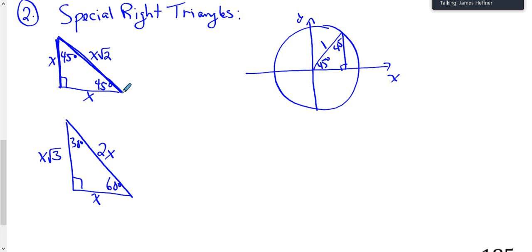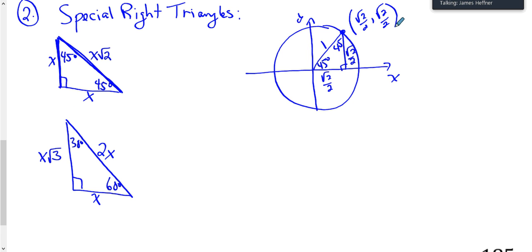Wouldn't it be the square root of 2 over 2, actually? Yeah, because to get from the hypotenuse to the leg, you've got to divide by the square root of 2. So the coordinates of this point would be square root of 2 over 2, comma, square root of 2 over 2. And don't worry if you don't have those memorized. There's a chart that you'll use with these numbers in it, and you can use it on the test as well.